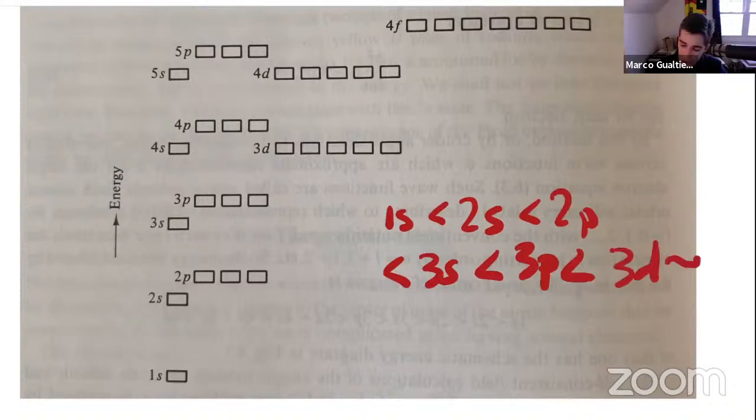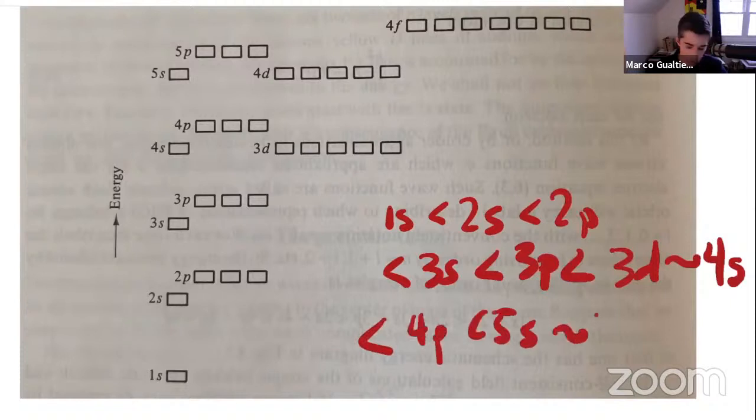And then this is close to 4s. And then it continues with 4p, 5s, which is approximate to 4d, and so on. So basically the point is that they are not actually degenerate, okay?